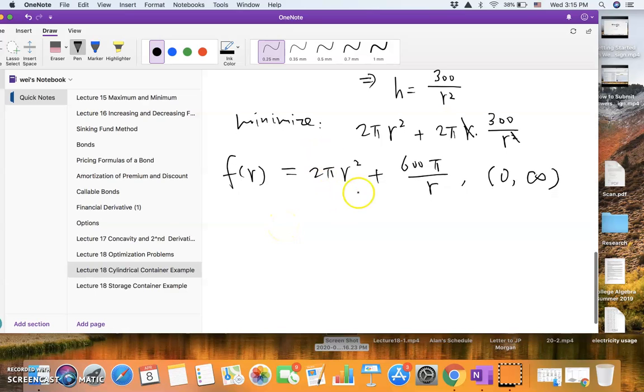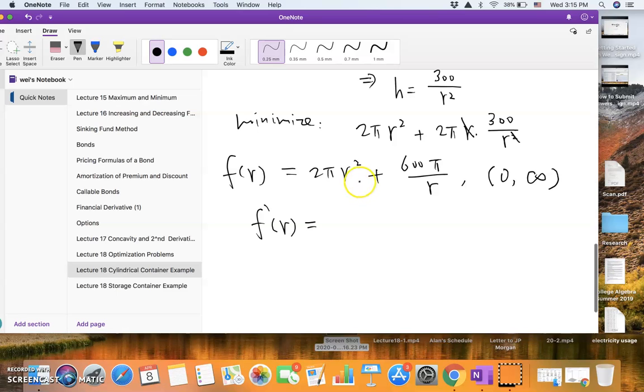Since we're looking for the minimum value of the function f of r, we start by taking the derivative, so we can find the critical points. We take the derivative of the function with respect to r.